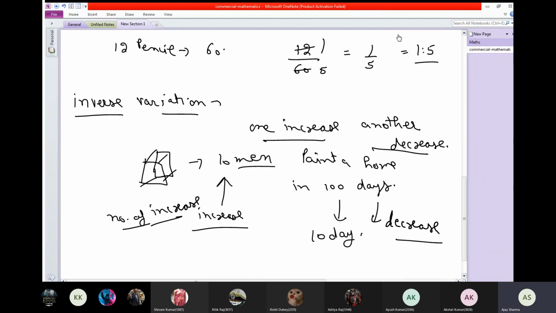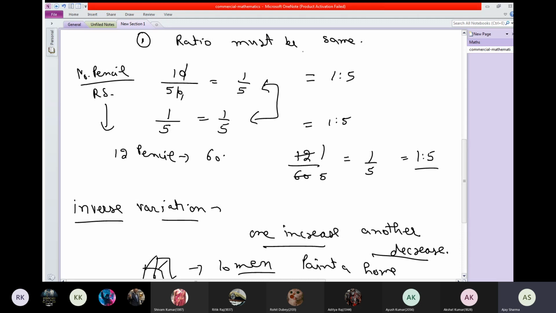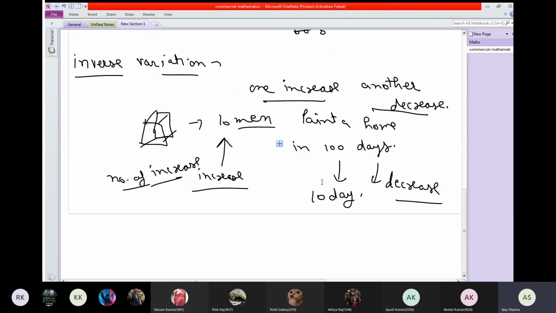Yes, sir. Clear. One quantity is increased, another is decreased. In the first one, direct, we see ratio must be same. But in inverse quantity, product must be same.